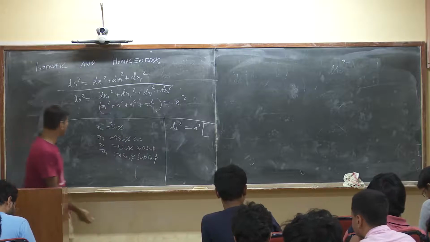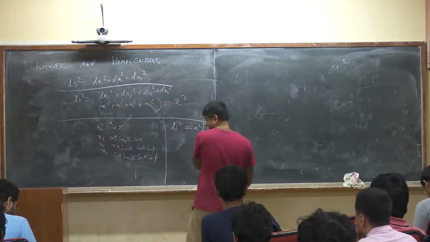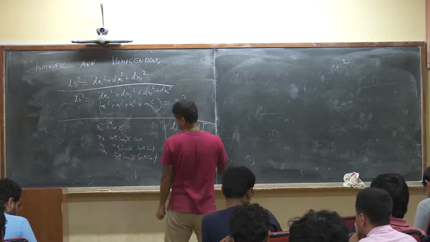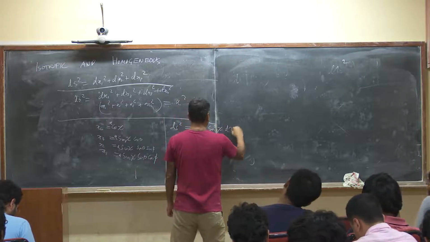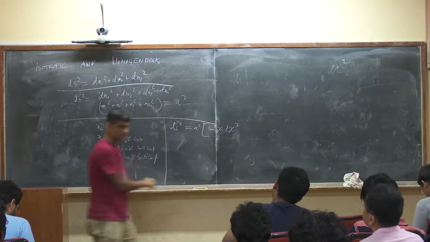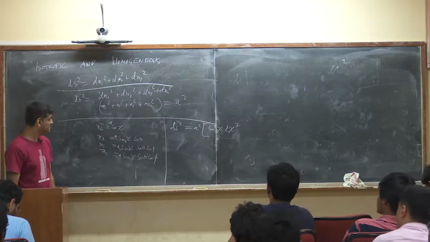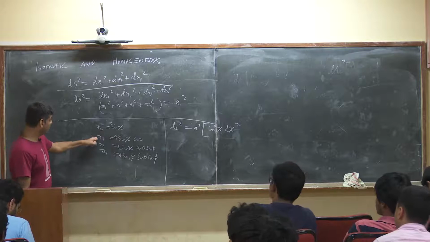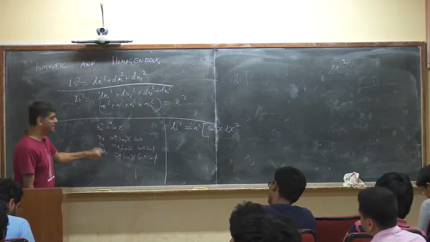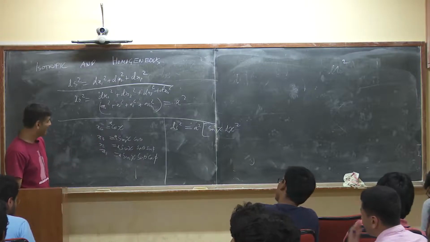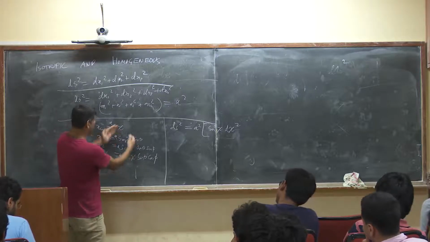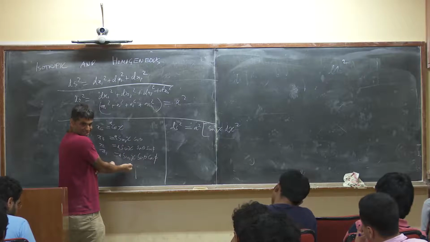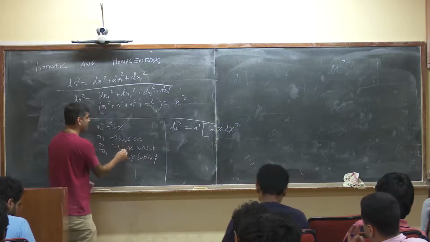Then from x4 squared, we will get exactly sine squared chi d chi squared. Now what will we get from x3 squared plus x2 squared plus x1 squared? This is just like going to polar coordinates in 3 dimensions, except that instead of r, we've used a sine chi.